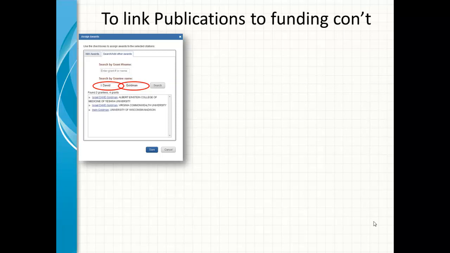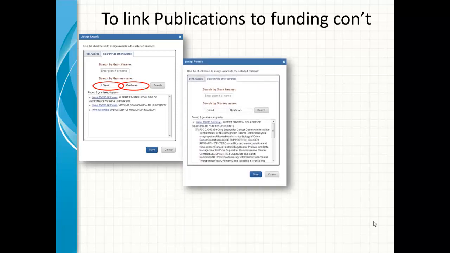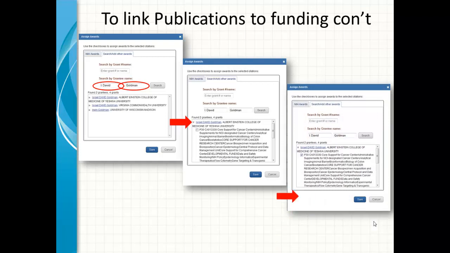If you were to click on the first arrow, you will see the Cancer Center Support Grant. If you were then to put a check mark in that first box and then click Save, it will associate the grant with the publication in question.